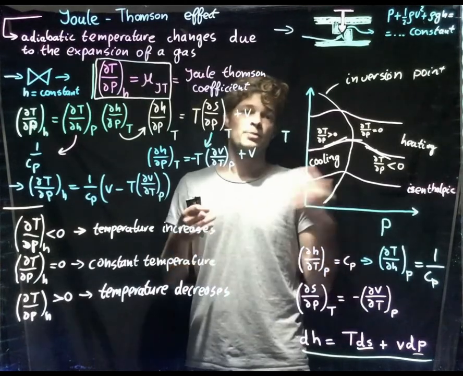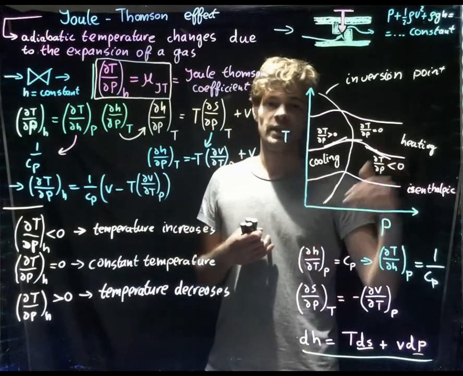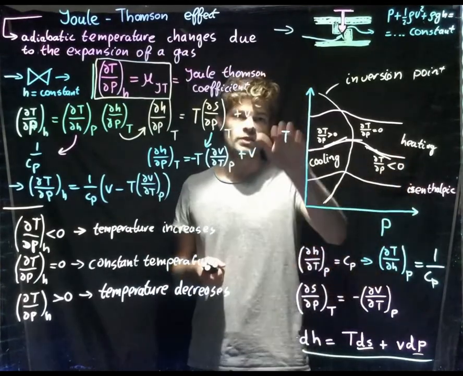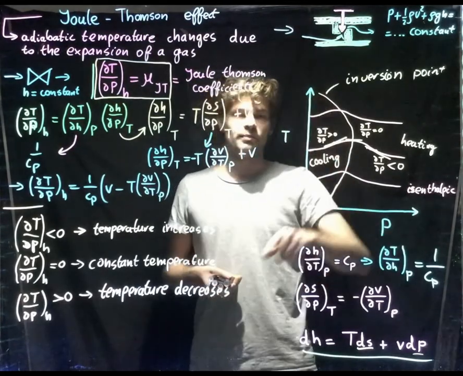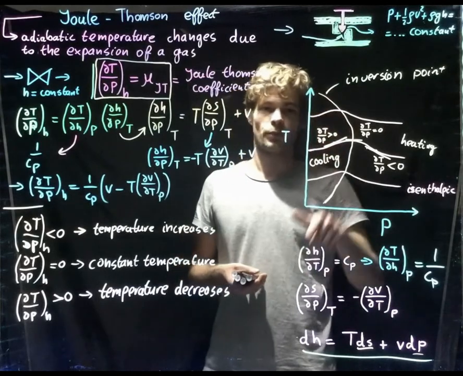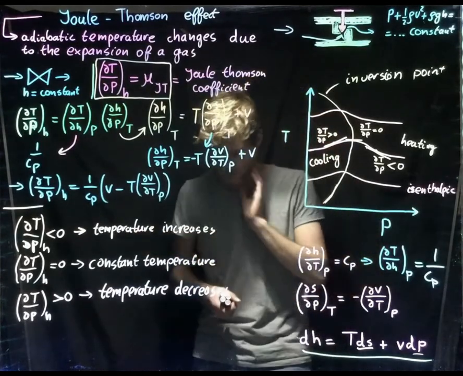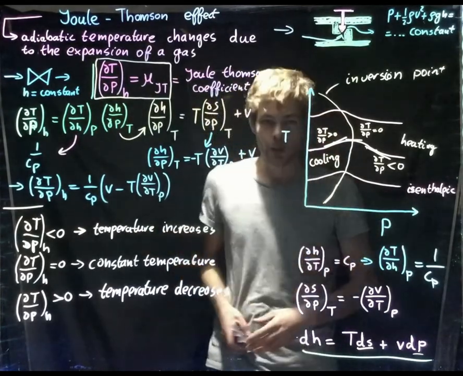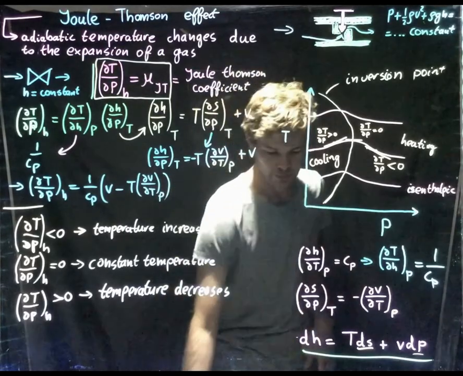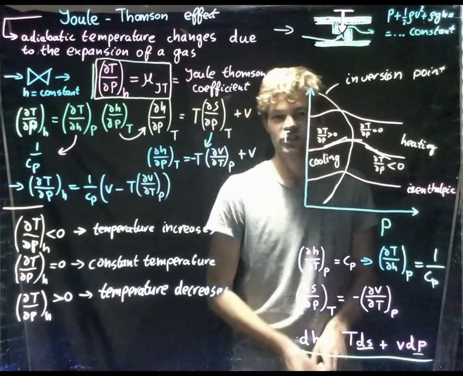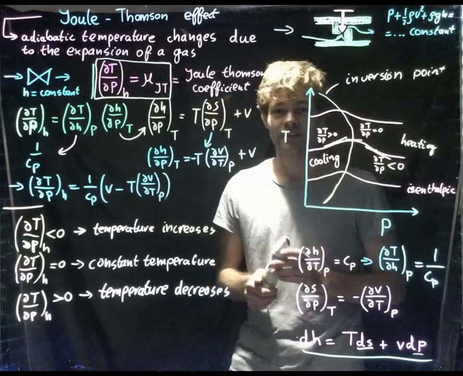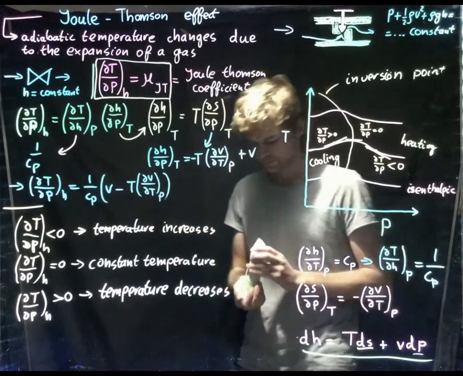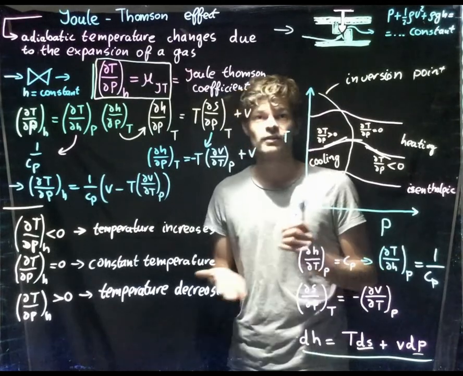So when they're expanding, they will actually be heating up. So it all depends on the temperature. And every substance has its own inversion curve. And there's one I would like to show you in particular. It's deodorant. And I'm going to show you that this has a very high inversion point.